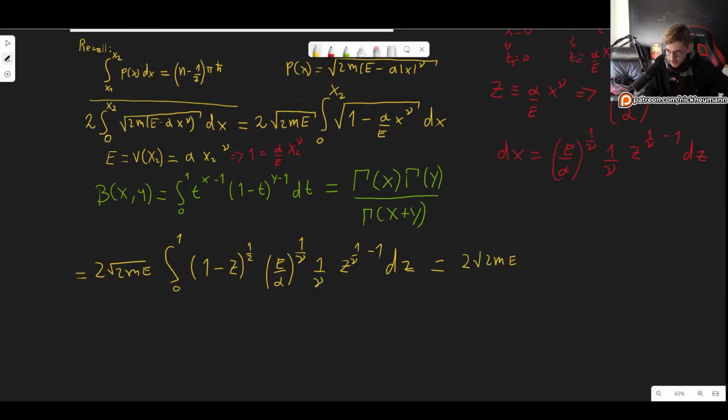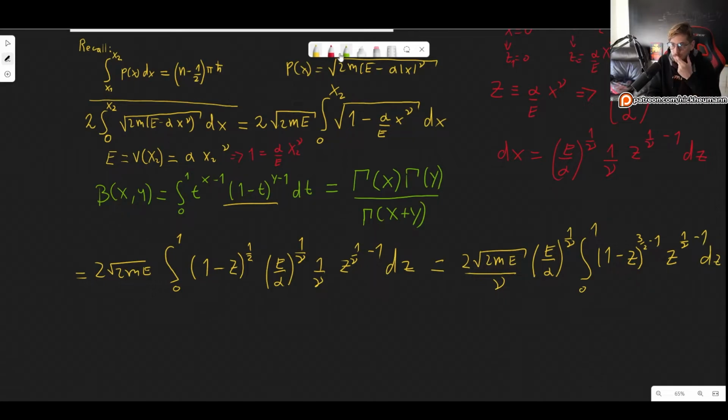So 2e, let's take out e over alpha to the 1 over nu. Then all of this is divided by nu, and I think that's all of our constants. And then we have integral from 0 to 1, and what else do we have? Then we have 1 minus z, and I'm going to write this differently, not as 1/2, but as 3/2 minus 1, just to make sure that this resembles our other notation. Then we have z to the 1 over nu minus 1, that doesn't need any changing.